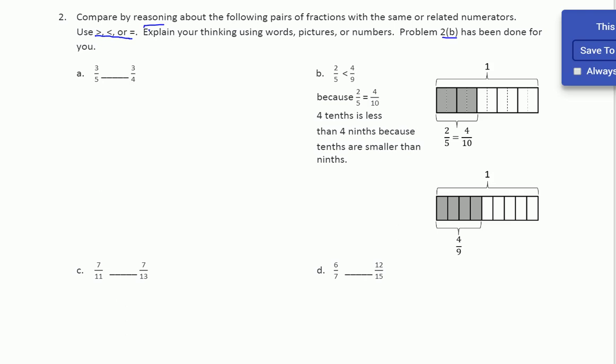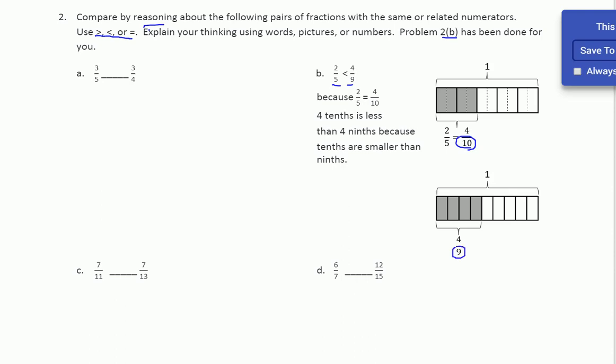They were comparing 2/5 and 4/9. And so what they did in this one, they drew two tape diagrams. And first of all, they drew the 2/5. But then they did something a little tricky here, is they changed it into tenths. Reason being that we know that tenths are going to be smaller pieces than ninths.